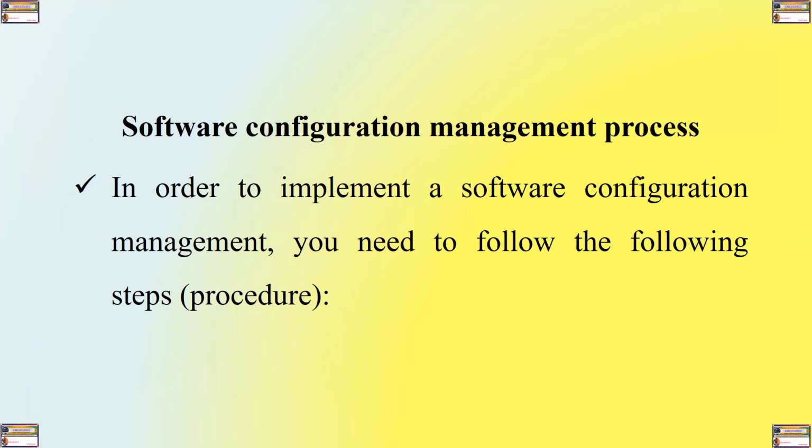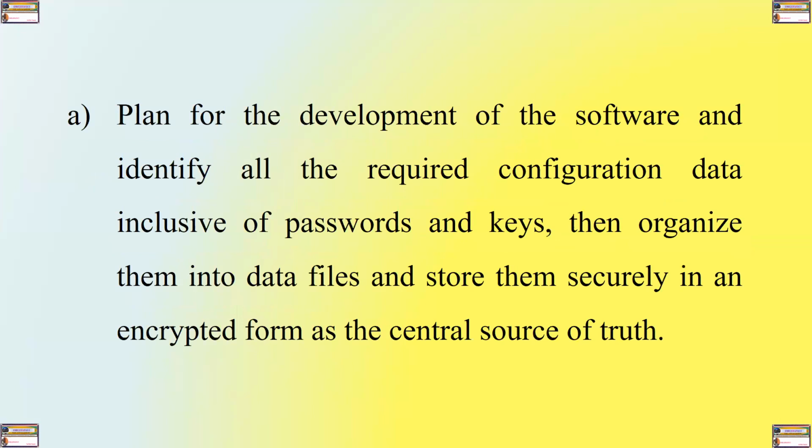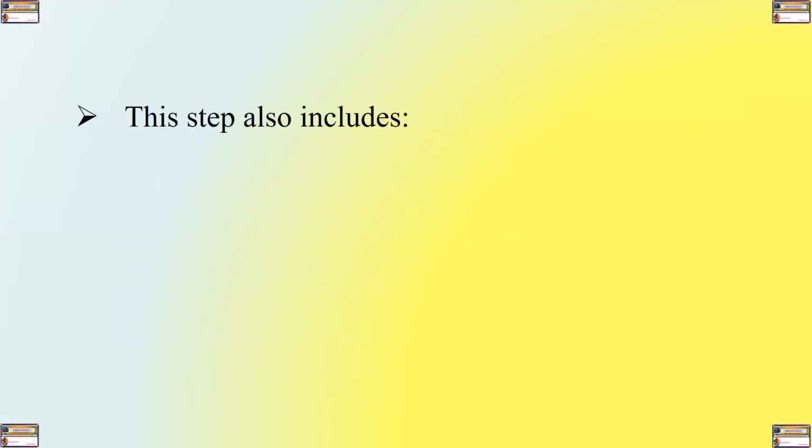Therefore, in order to implement software configuration management, you need to follow the following steps or procedure. Number one, plan for the development of the software and identify all the required configuration data, inclusive of passwords and keys. Then organize them into data files and store them securely in an encrypted form as the central source of truth.